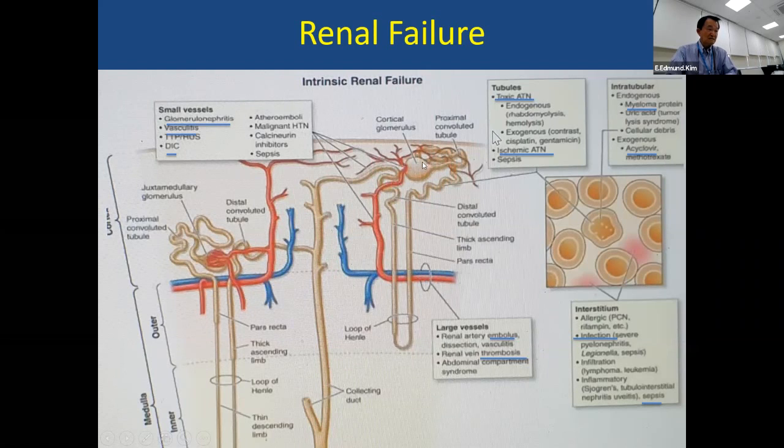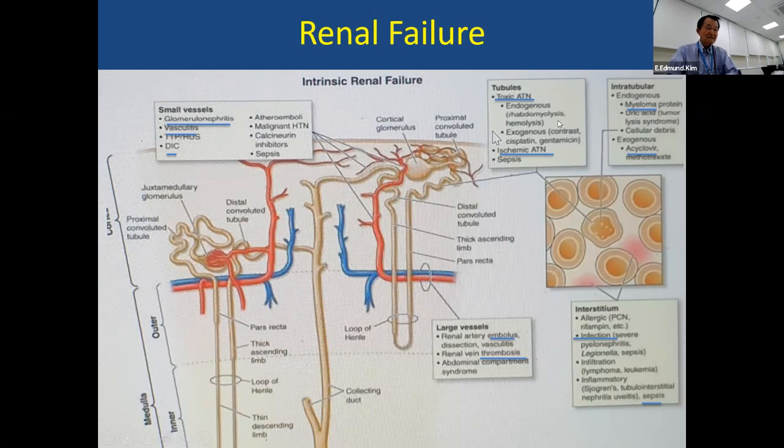But inside the tubule, you have tubular toxic effect, tubular ischemia, a very acute ATN. Right after the transplant, you expect some ischemic ATN.